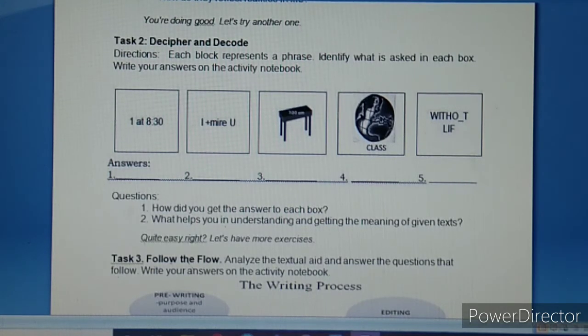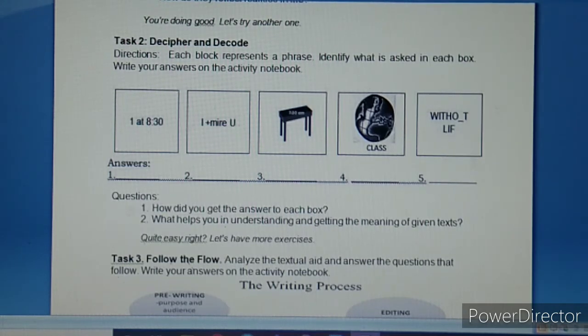So the first block is, we have the words, okay, we have 1 at 8:30. What do you think is the phrase that could represent the first block? Okay, the correct answer is one at a time. 8:30 means time, so that's one at a time.